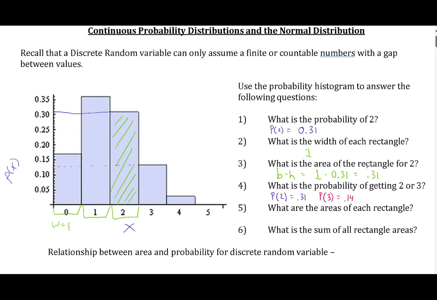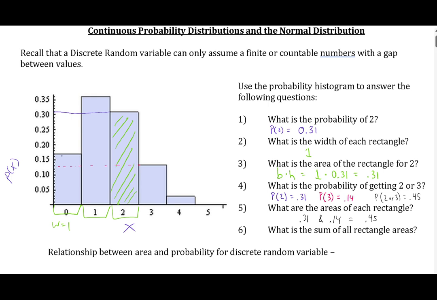So the probability of 2 or 3 will be about 0.45 because we're adding them together. So the areas of each of these rectangles will also be 0.31 and 0.14. So the areas of the two of them together will be about 0.45. Because again, what we're trying to build here is that there is a relationship between the area and the probability for each of these random variables x.